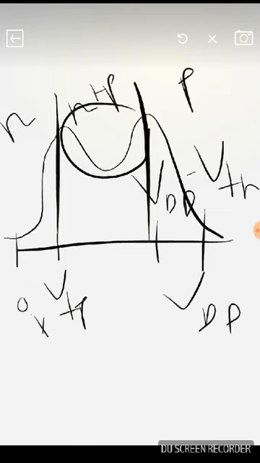In the middle portion it is not a straight line because of the difference of the mobilities between the holes and the electrons, and in the right portion the resistance decreases because of the inverse region of the region 1. So this is all about the MOS complementary switch or the CMOS switch.